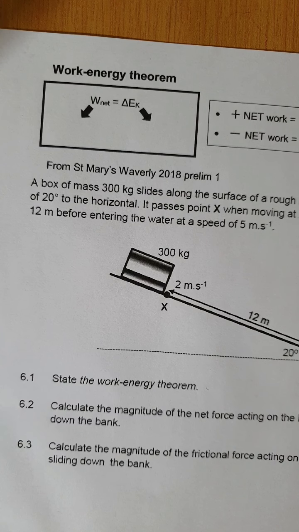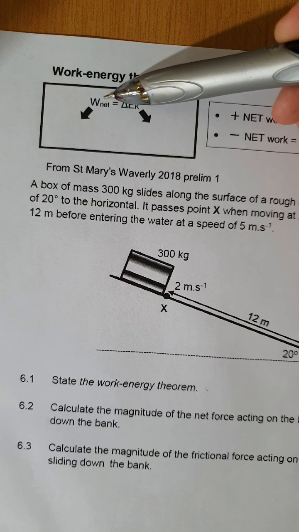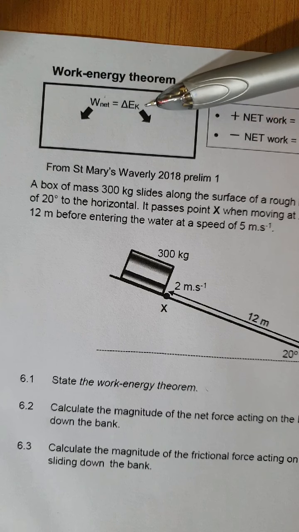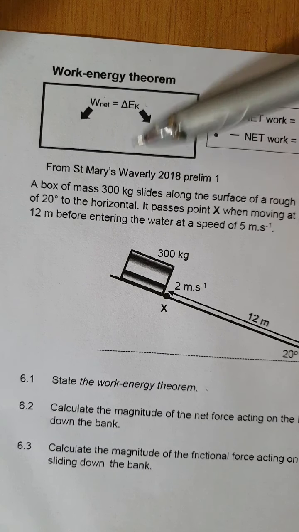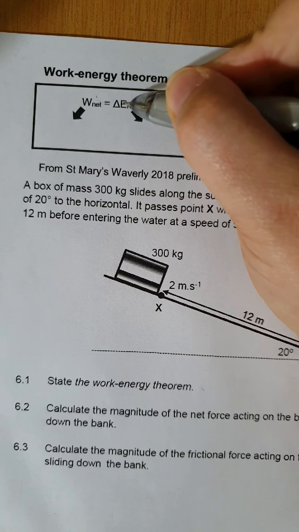The work energy theorem just says the work done by the net force, so that would be the net work, on an object is equal to the change in kinetic energy of the object. That is the work energy theorem. So this equation is the work energy theorem.